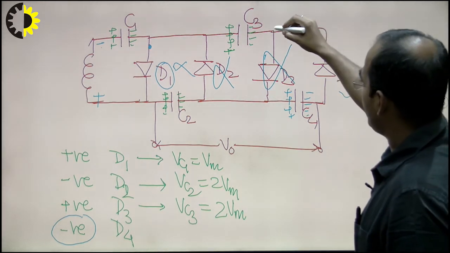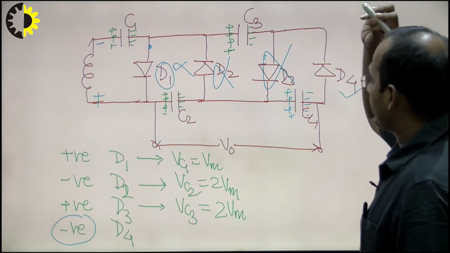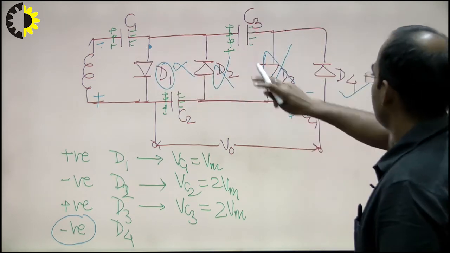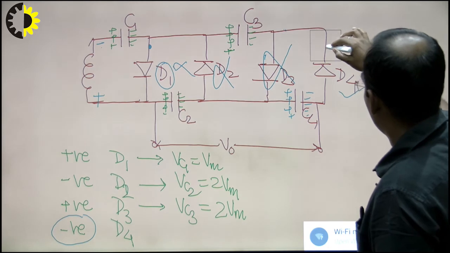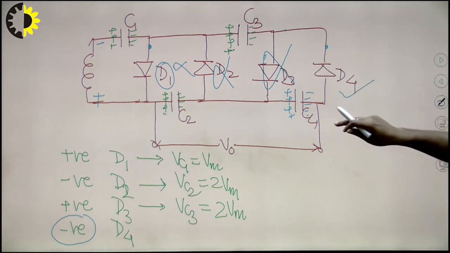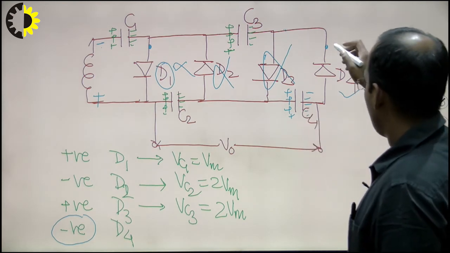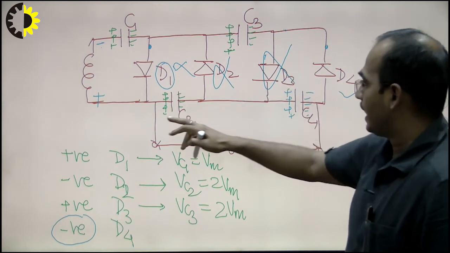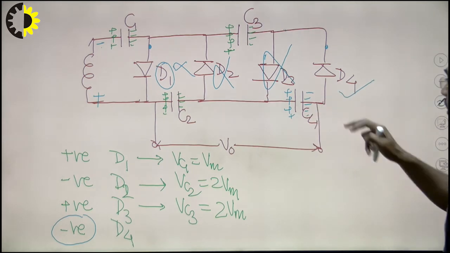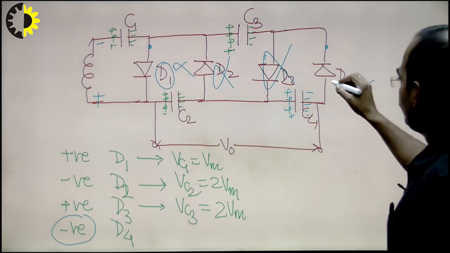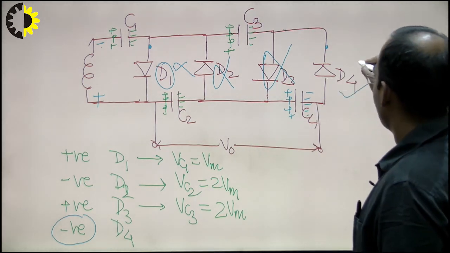The effective voltage at this point is negative, minus Vc1 minus Vc3, which will make this diode D4 forward biased.